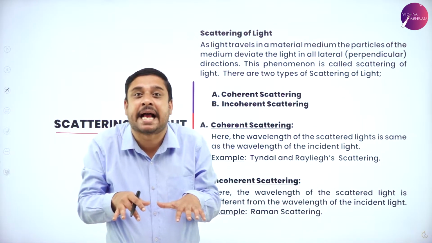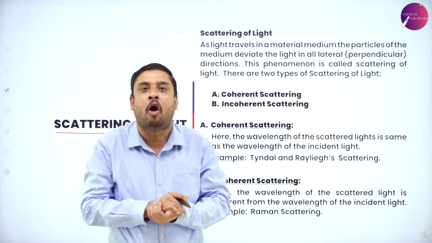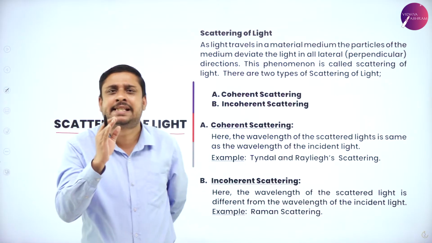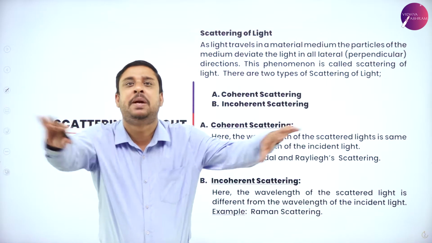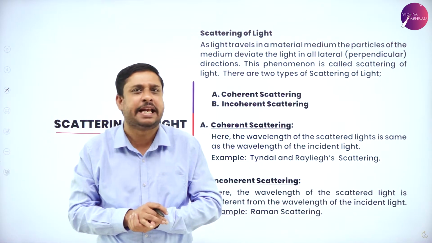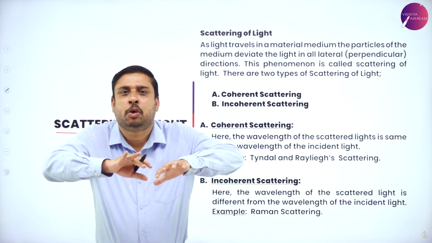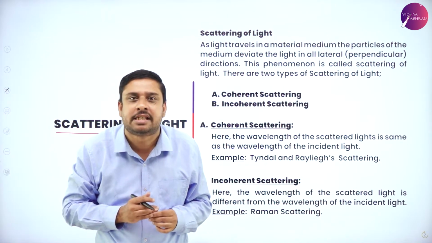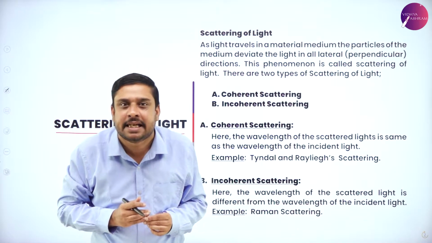There is scattering or deviation of the pawns. The word scatter means just split around. A very crude word I have used, just to deviate in all directions. That is what we call scattering.